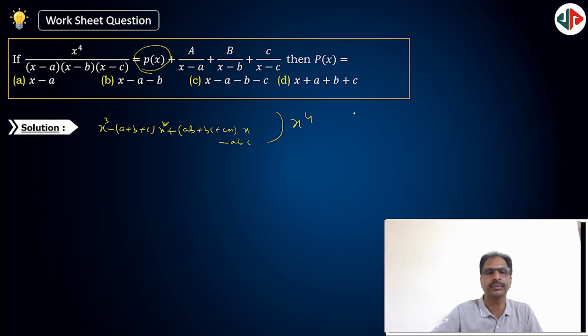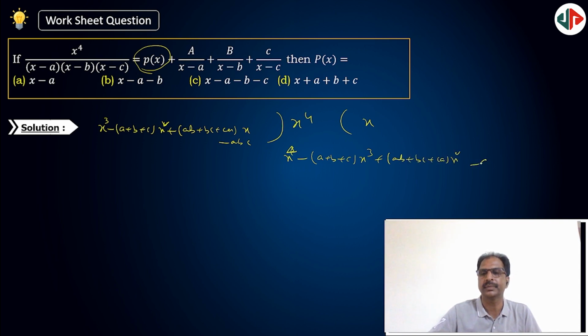Now when you divide x power 4 with this, you get x here, x cube, sorry, x power 4 minus a plus b plus c into x cube plus ab plus bc plus ca into x square minus abc x. Then you subtract these two, x power 4 gets cancelled.